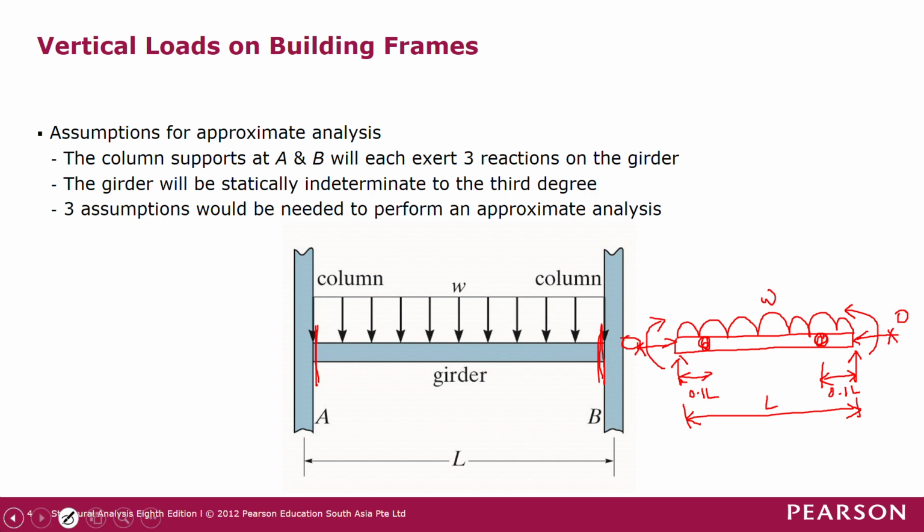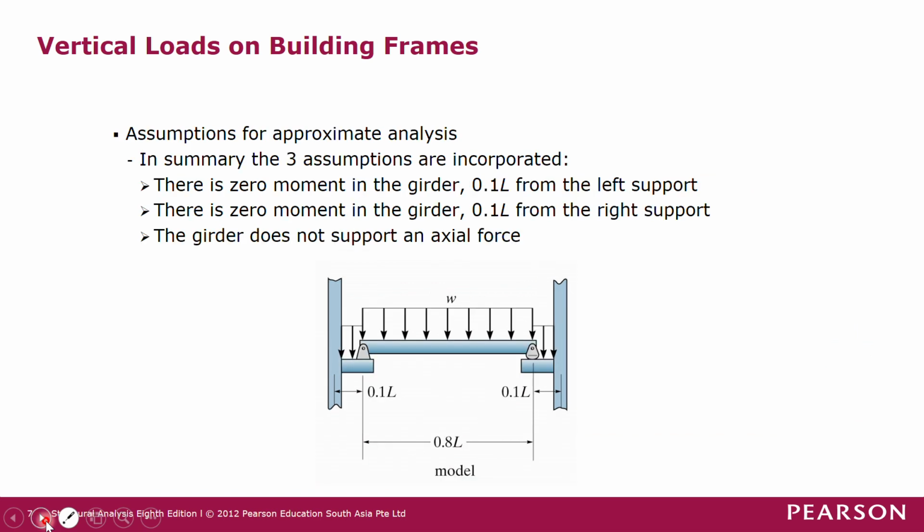So these are the three assumptions: first assumption, second assumption, and the third assumption. So in the end, we may idealize the structures like this. We have a simply supported beam at 0.8 L of span, and then we have another cantilever beam which is 0.1 L and is fixed at the supporting column. So this is also fixed at the supporting column.